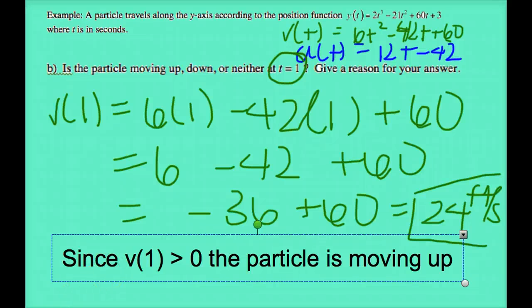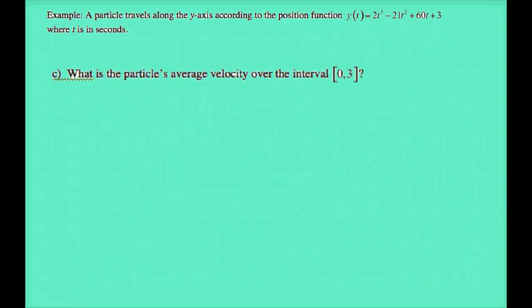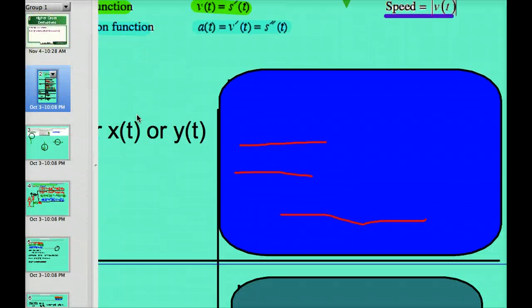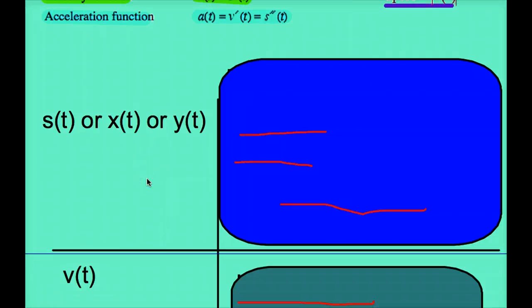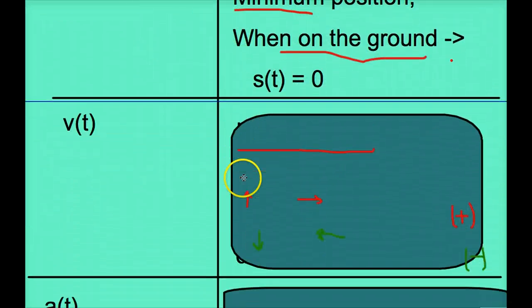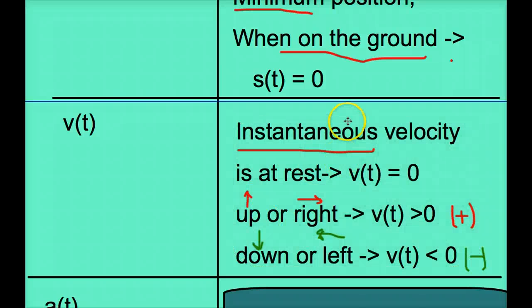Good. Let's continue. Part C says, what's the particle's average velocity over the interval 0, 3? So let's take a look at our equations again. And I want to find average velocity. Under here, I don't have an average velocity. Here I have velocity, but is it an average velocity?